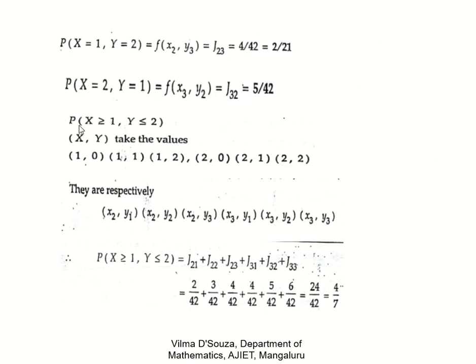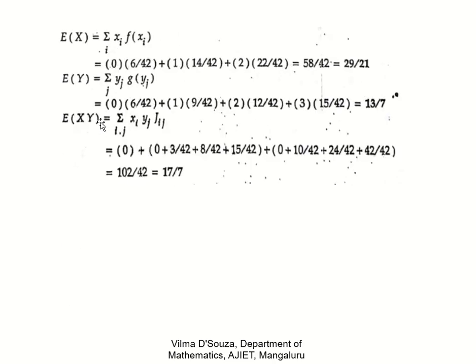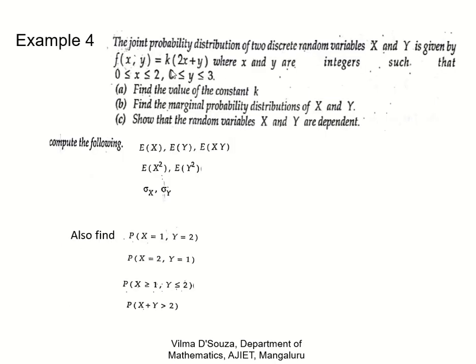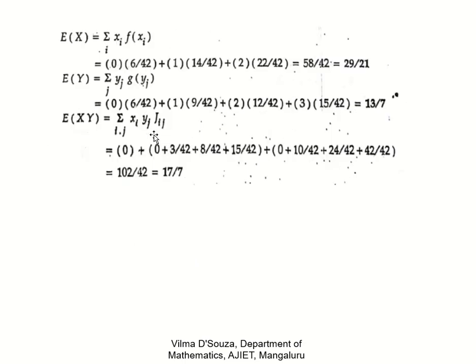Now the third one, x greater than or equal to 1, y less than or equal to 2. So what are the values? X greater than or equal to 1 means x can take the value 1 or 2, and y less than or equal to 2, y can be 0, 1 and 2.